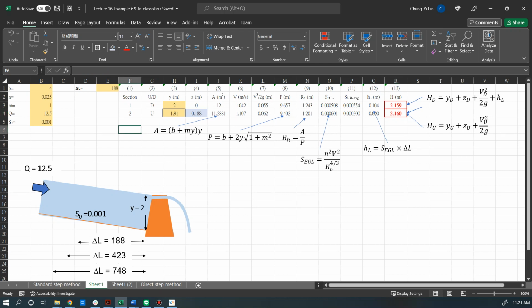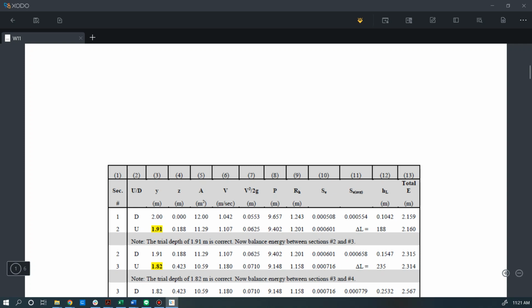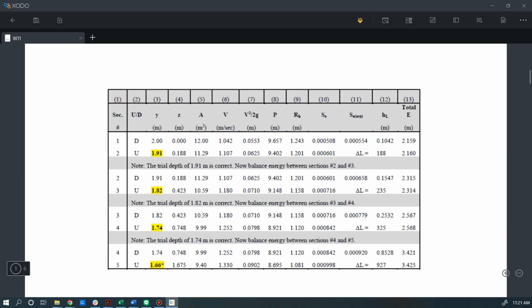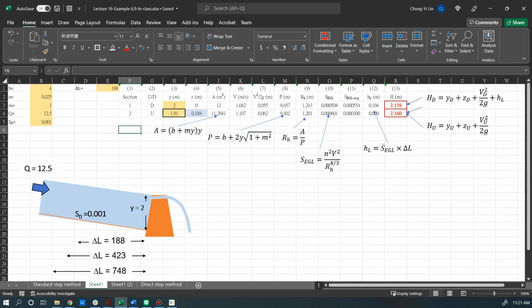So we have verified that we can use this Excel sheet to solve the water depth. Given that we already know section 2 and section 3 shown on this figure, we want to calculate section 4 and section 5. Let's go back to here.